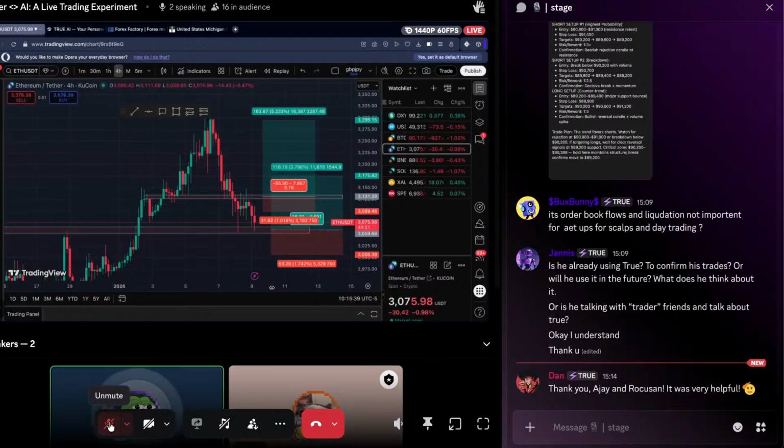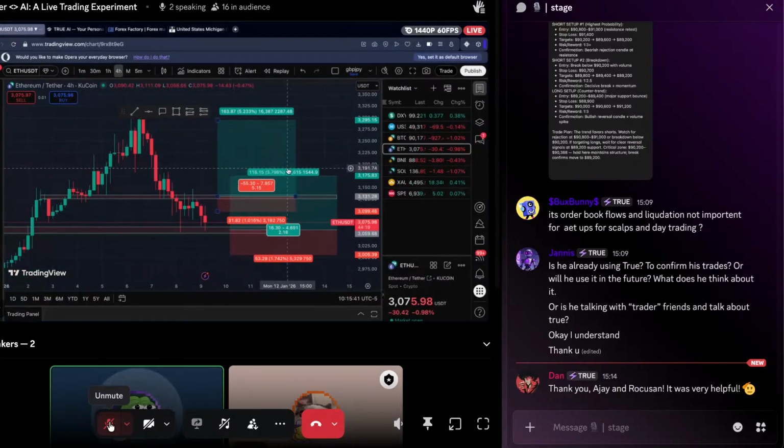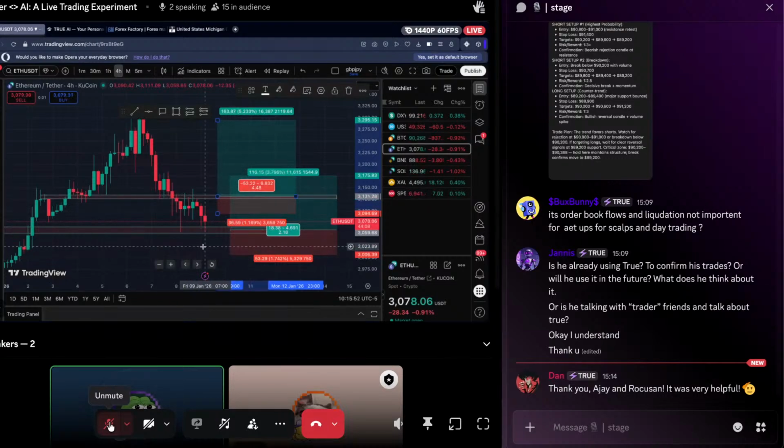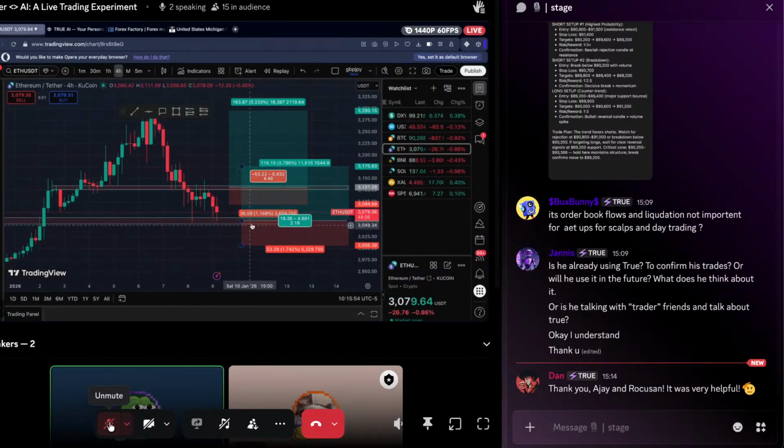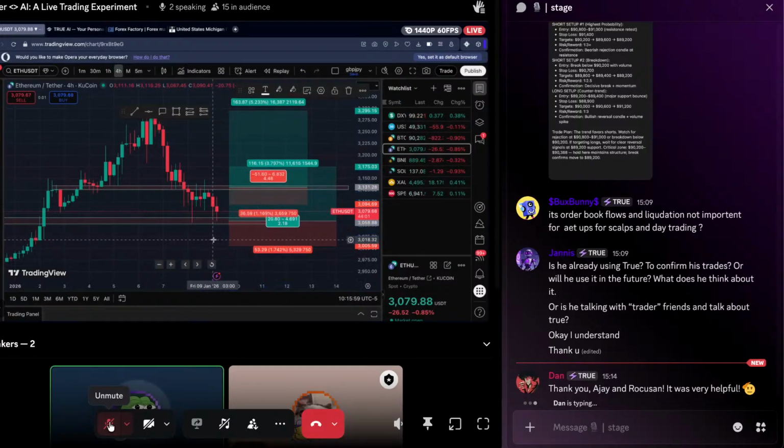It's a 1 to 5 risk to reward. So just keep this in mind on Ethereum. Set your alerts, see where the weekly closes, and when the new weekly candle opens up, look to try to get into these trades because they do have a good setup.